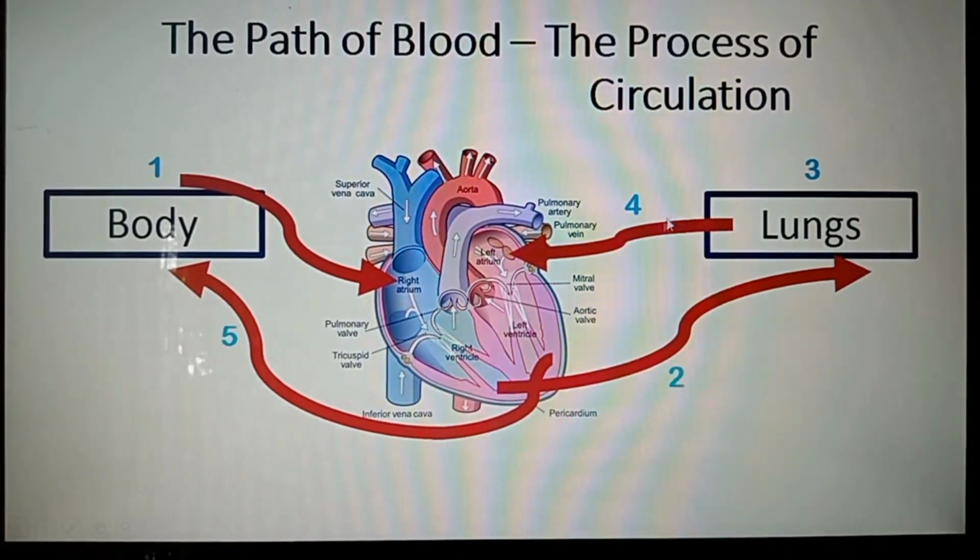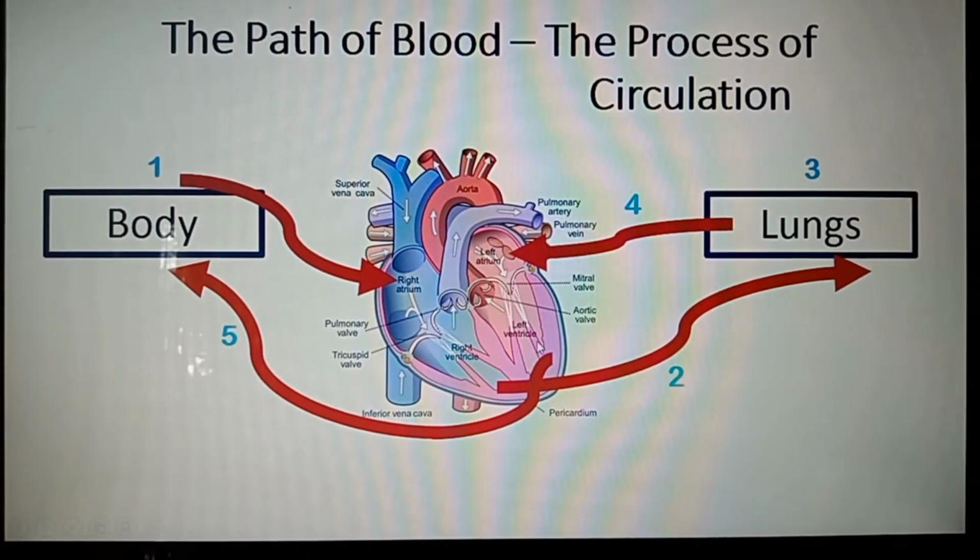Then, papasok na naman si blood kay left atrium. Ipapump na naman siya ni left ventricle pabalik sa puso. Gagamitin na naman ni body ang dugong may oxygen. And then, mapuproduce na naman yung carbon dioxide. So, dadali na naman ni dugo ang carbon dioxide here.